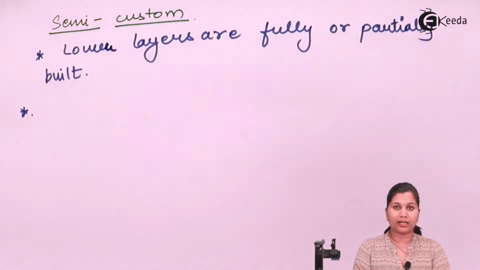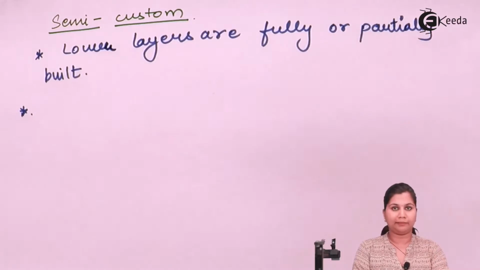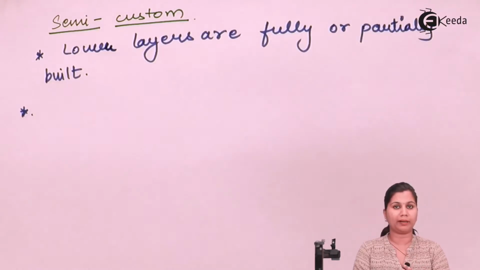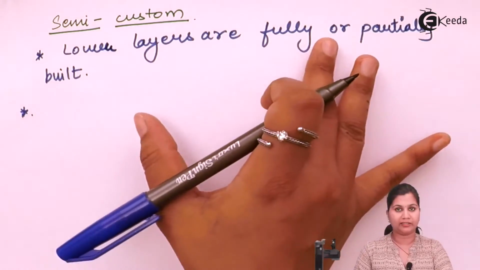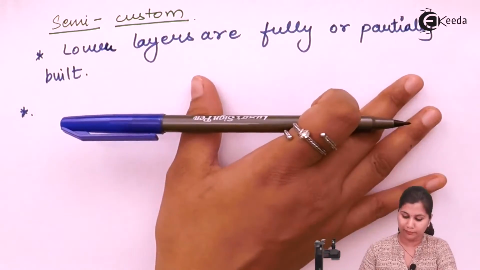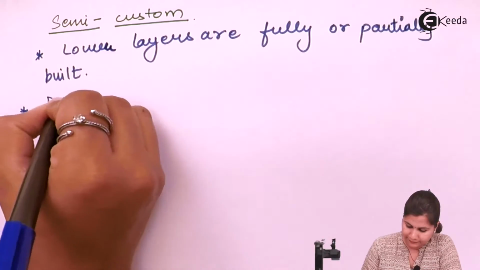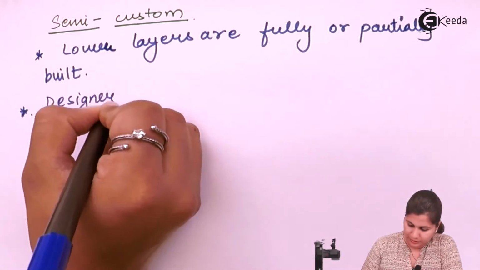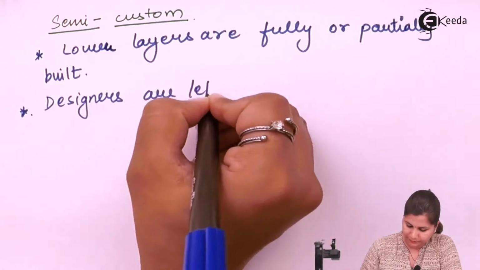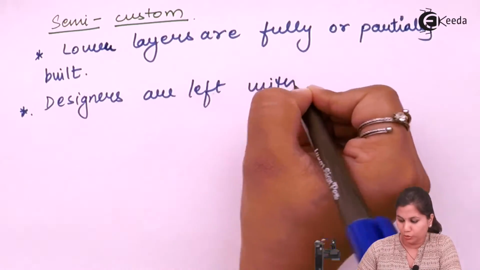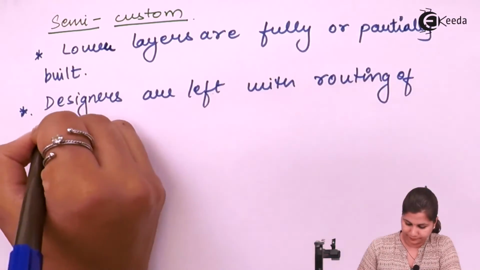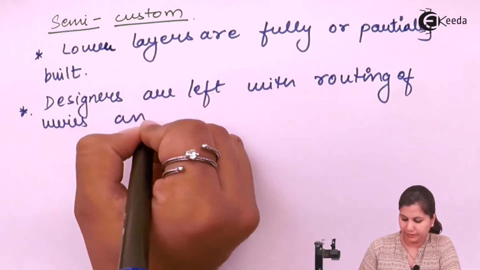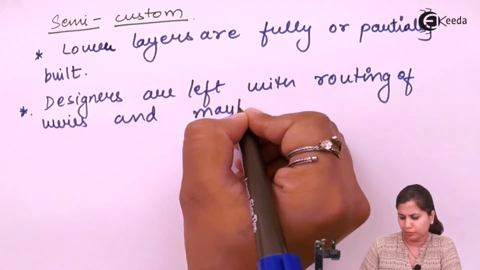Okay, now in full custom, everything is being done at the time of manufacturing. Everything is being done by the designer. There is no need to be done by the user. But in semi custom, because only the lower layers are either fully or partially developed, the designers are left with routing of wires, that is, from where the wires are to be connected, and maybe placing some of the blocks.